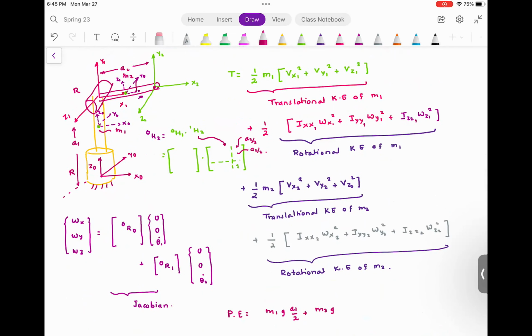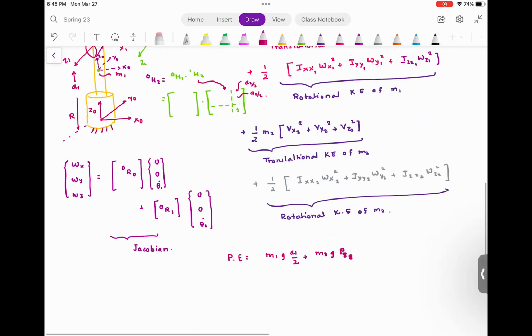So basically with that you can find out the potential energy, the Lagrangian T minus V, and then what you can do is you can use MATLAB.